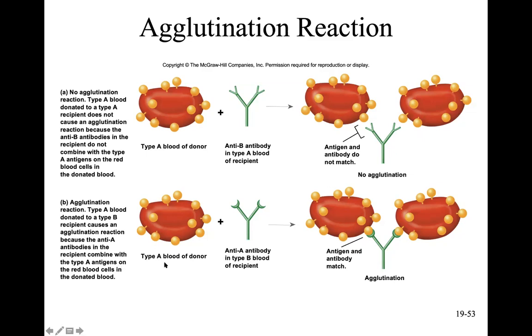Now here, this is what happens if I have a type A blood donor, and now the person that's receiving it is type B. Obviously, the antibody for this type B person is going to be the type A. What happens? The antibody reacts, right, with the red blood cells. As there's a physical match, the antibodies are going to bind all your red blood cells together and cause what we call agglutination, clotting.